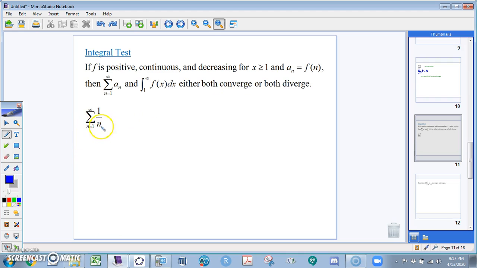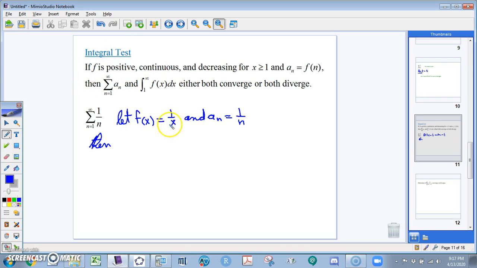So let's look at how we would use that in this case with the harmonic series. I do want to set up some notation here now. So I'm going to let f of x equal 1 divided by x, and I'm going to let a sub n equal 1 divided by n. Then let's see if I have all the conditions set up here. f is positive.